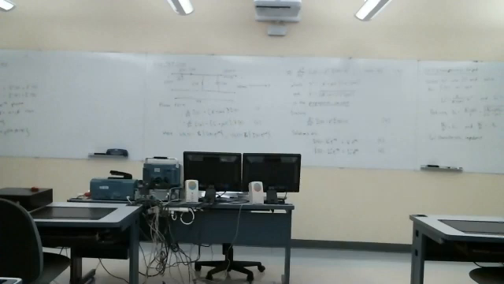So this is real, so I can pull it out. The exponential term here is real, so I can pull it out. The real part of e^(jθ), by Euler's formula, is just cosine θ.